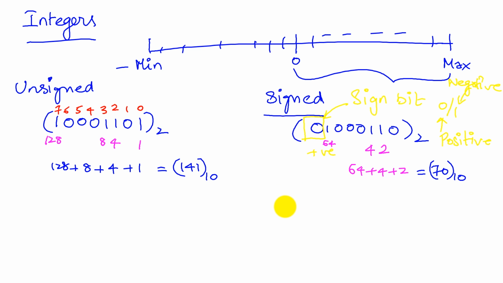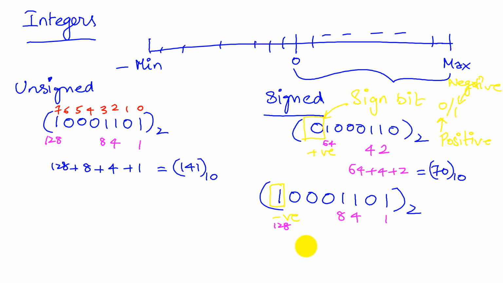A signed number that is negative, let's take a simple example of such a number. Here is a signed number that is negative. So 1, 0, 0, 0, 1, 1, 0, 1. And again, we notice that because this bit is a 1, this tells us that this number has to be a negative number. So what does it represent? Well, our place values are 1, that's a 2, that's 4, that's an 8, and this still has a place value which is 128.